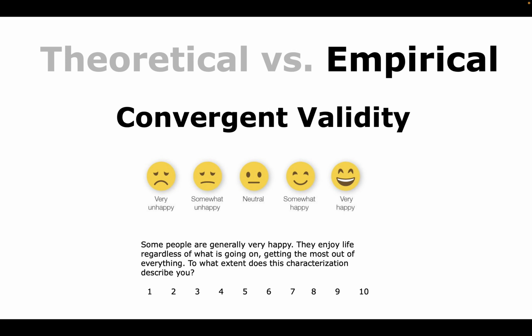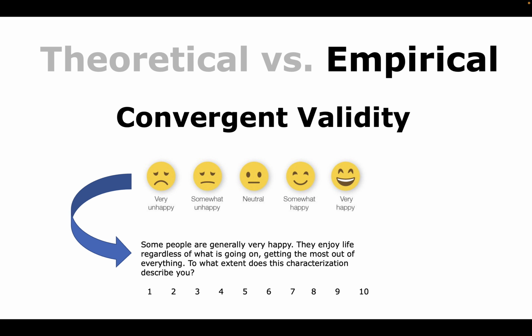Now, there are empirical ways that you can determine validity. And by empirical, we're talking about making observations about something. The first one I wanted to talk about is convergent validity. Convergent validity refers to the closeness with which a measure relates to or converges on the construct that it's supposed to measure.